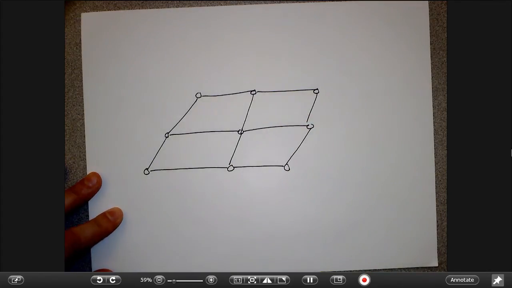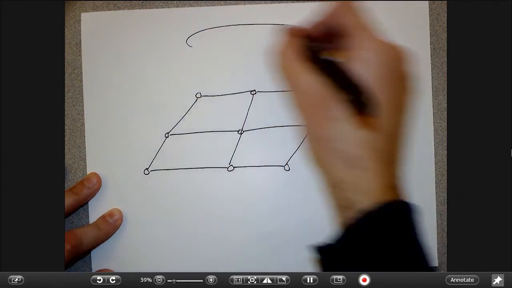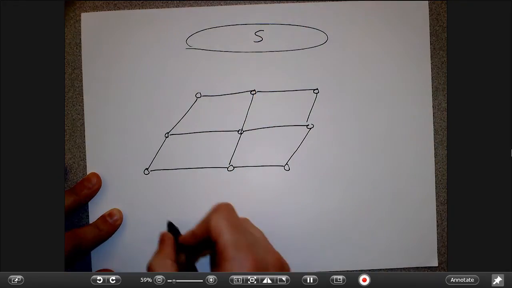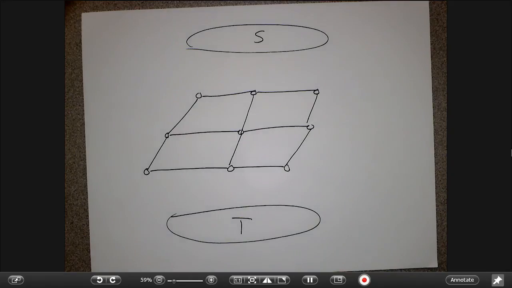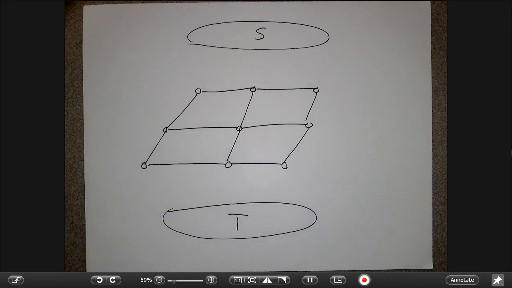Okay, and again, I'm going to define two terminals, which I'm going to call source and target. Now, this is okay for the moment, but we're going to generalize this to the idea where there's really not one image that is playing the role of the source and one that's playing the target. In some sense, as we go forward here, we're going to treat all these images basically equally, and it's just a question of which pixels come from which.